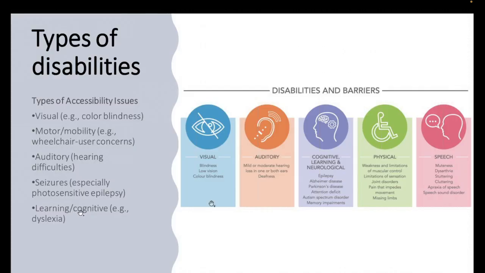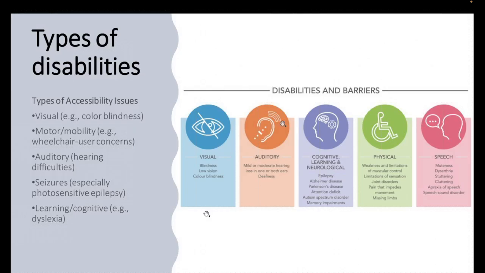Okay, types of disabilities are classified into 5 main categories. Visual: we do not see or we see badly, or we are achromatic, so-called color blindness. There are 3 types of color blindness. You're not able to recognize red from green.